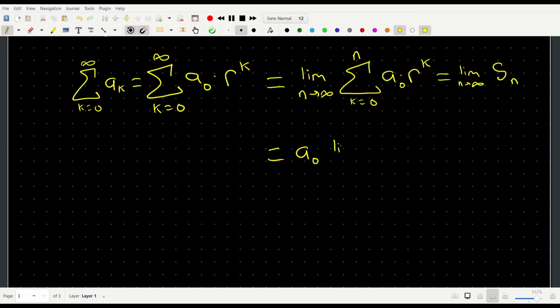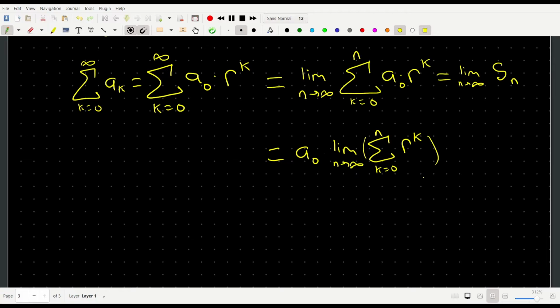This is going to be the limit as n goes to infinity of the summation from k equals 0 to n of r to the k, using our constant rule for limits of sequences. And you see that this limit is going to very heavily depend on r.